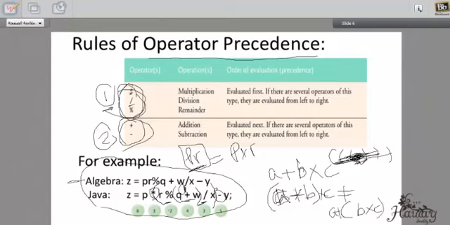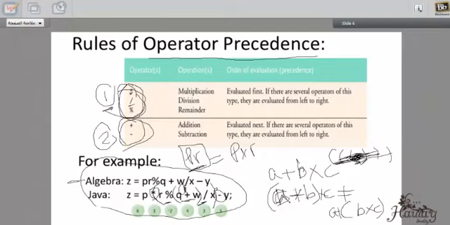So we have to be very careful in dealing with this scenario. If I give you numbers, you're going to have to work it out carefully and give me the answer. Or I might give you just variables, and you're going to have to show me the precedence of them. So this slide is quite important.